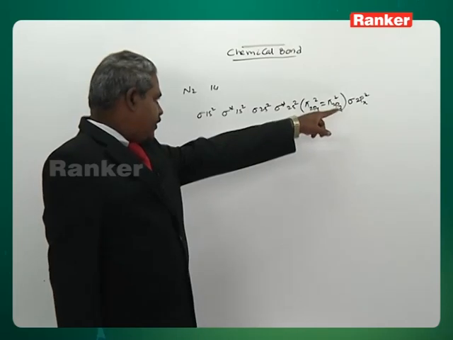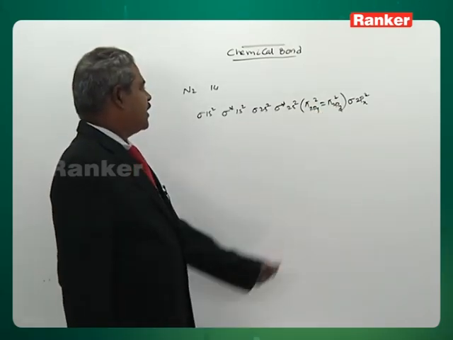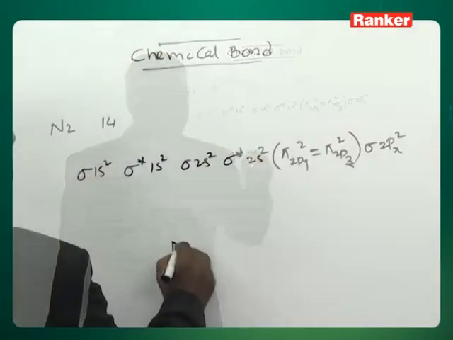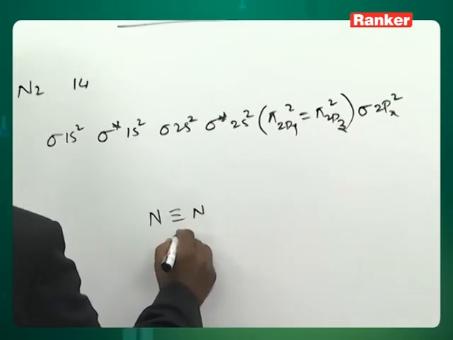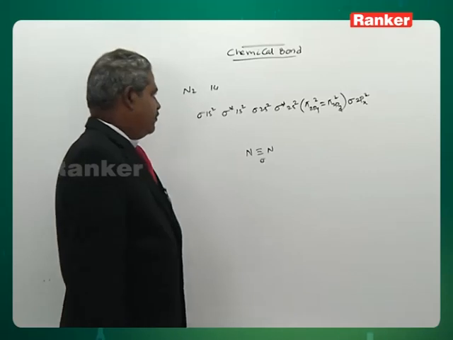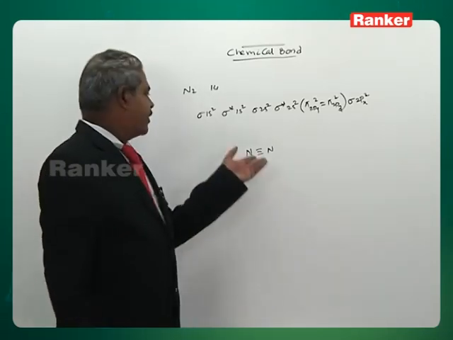Sigma 2px, we know that only the 2px electron participates in sigma bonding and the remaining 2 parts are pi bonds. In nitrogen, if you simply write N triple bond N, one is a sigma bond and the other 2 are pi. So the same designation is given. The sigma bond is formed using px, and the pi bonds using py and pz.